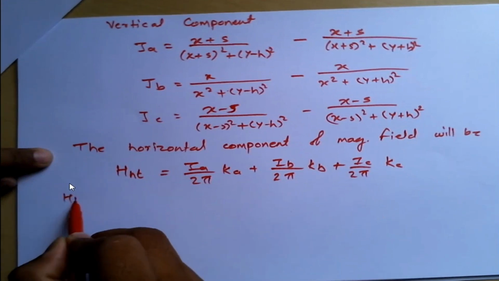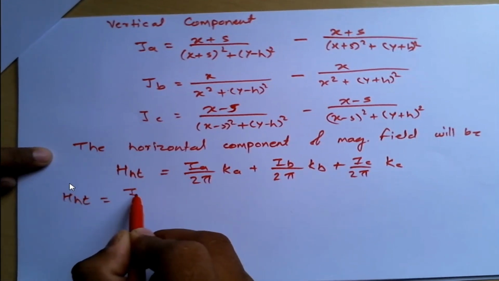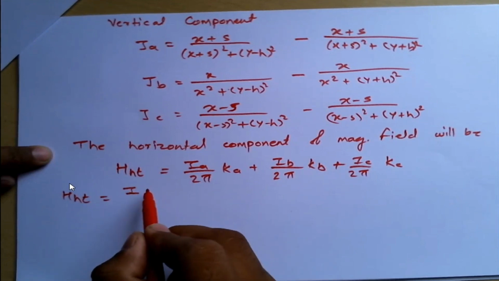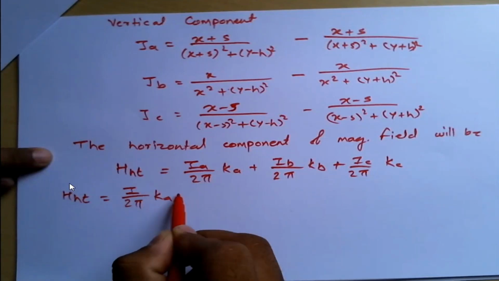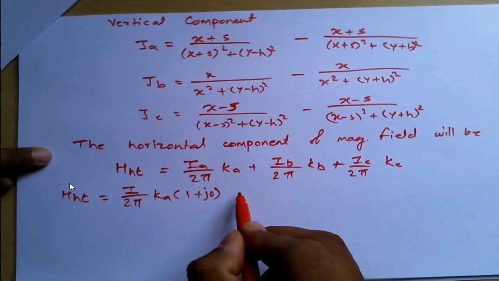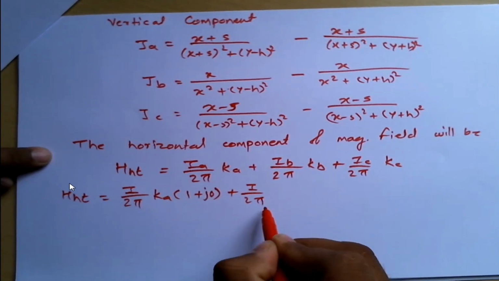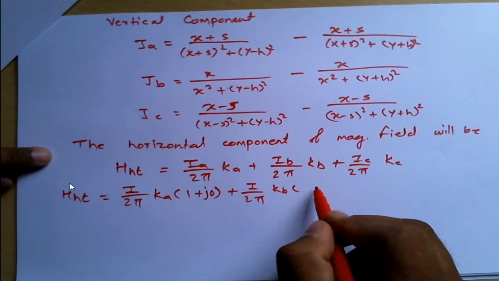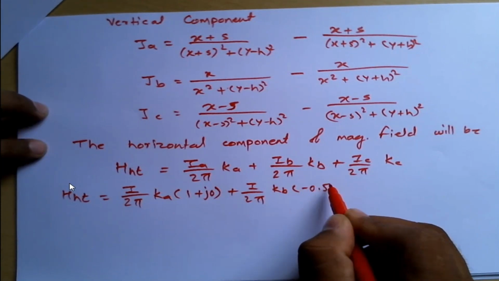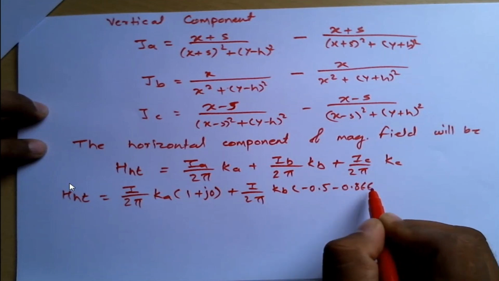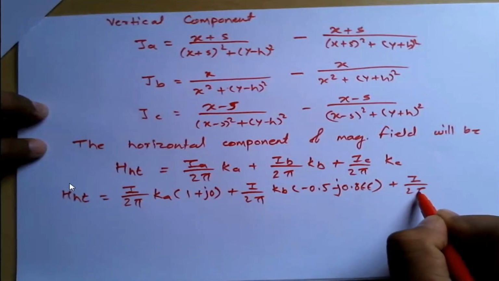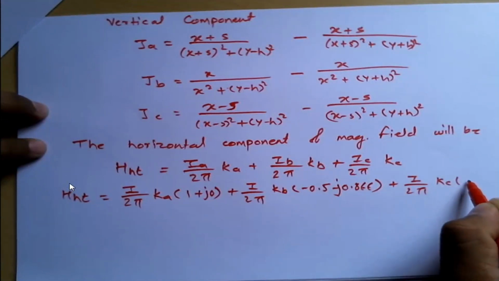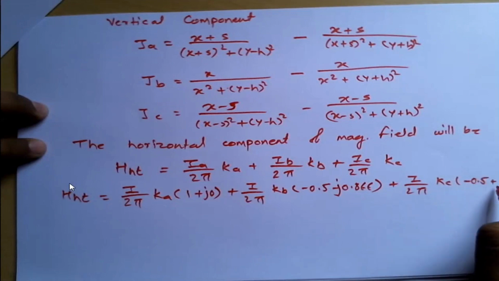H of St is equal to I upon 2 pi Ka into 1 plus J0, plus I upon 2 pi Kb in bracket, you know the values, minus 0.5 minus 0.866 J, and plus I upon 2 pi in bracket Kc into minus 0.5 plus J 0.866.